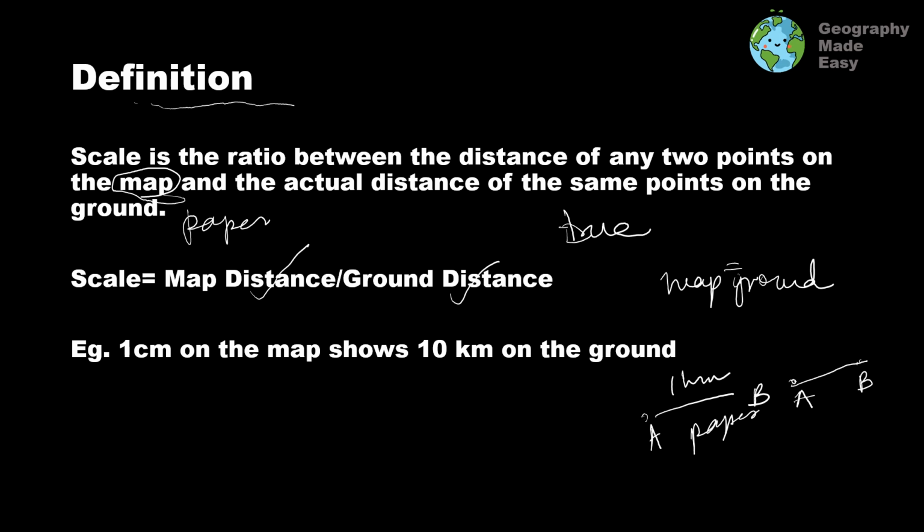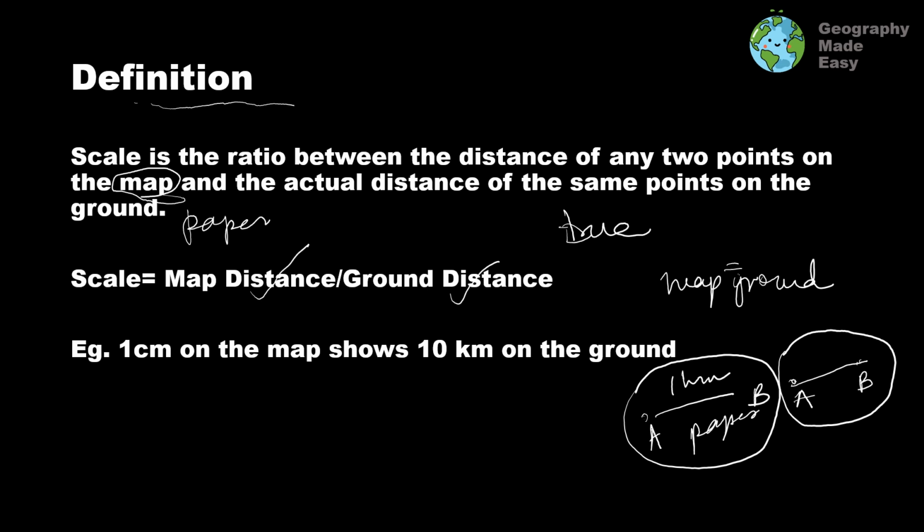But this becomes a very difficult thing to do. Like for example, the example I have shown in this case where we are talking about a 1 kilometer scale. Now getting a paper which is 1 kilometer long is impossible. Now for example, I need to draw the map of the entire West Bengal state or the map of the entire Delhi region or map of India or in that case map of Asia or map of world.